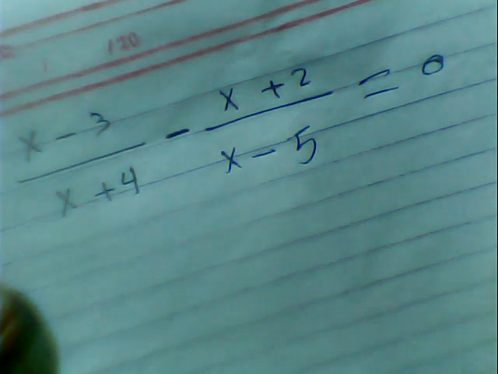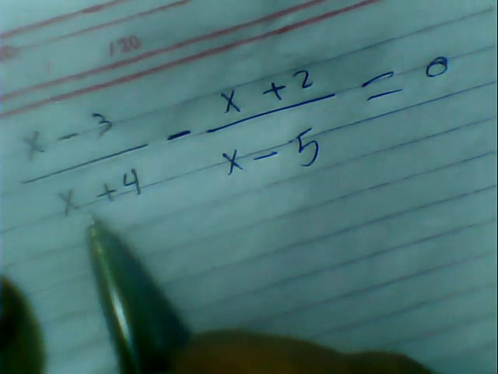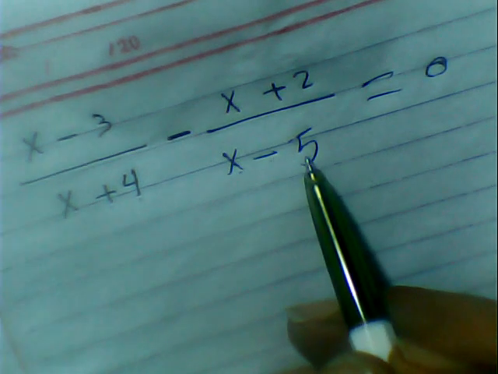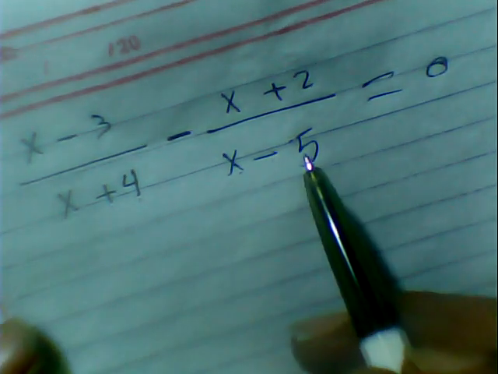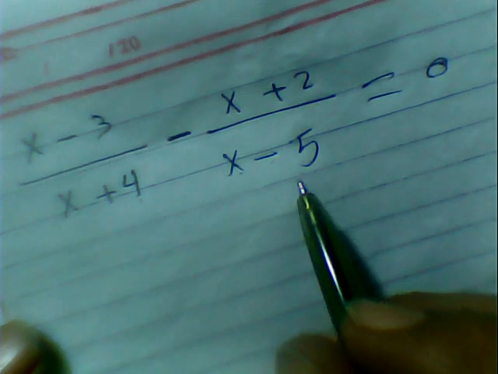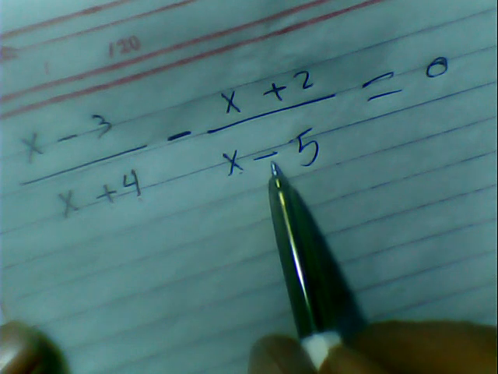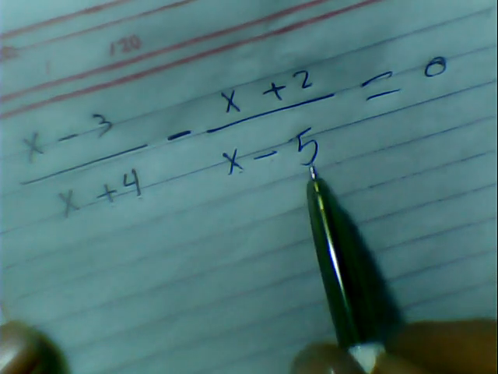How can we solve this? Okay, we have x plus 4 and x minus 5. In this case, we can multiply by x plus 4 and x minus 5.